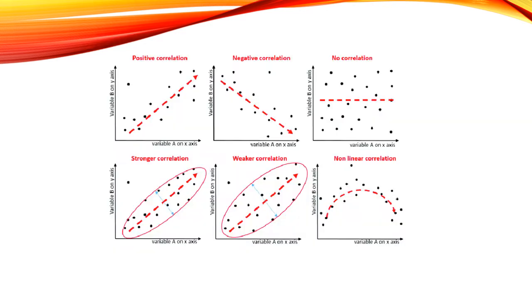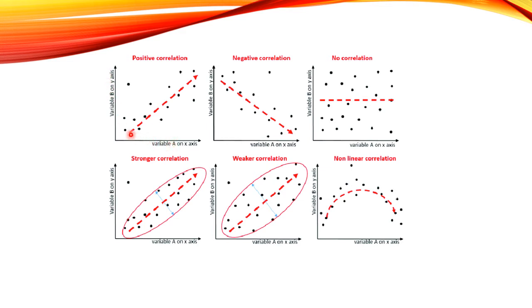Okay. I told you that as the first step we are taking a scatter plot. Here there are 6 graphs. Let's move to the first one. According to the distribution of plots, if we draw a general line, it comes in this way. This is A on the x-axis and B on the y-axis.